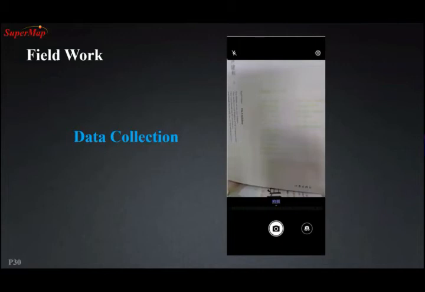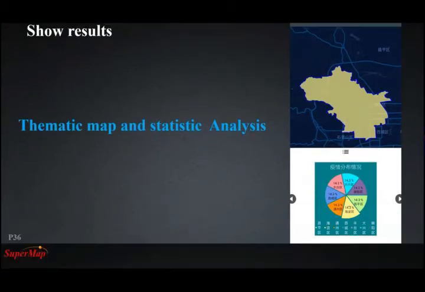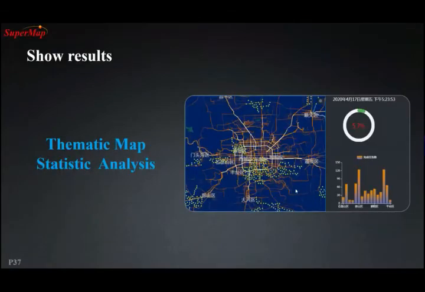And after we have all the data, we don't need to pass the data and go back to the desktop, so we can just process it on our mobile to make some semantic map or do some statistic analysis. And also we can make a dashboard, add some diagrams here.